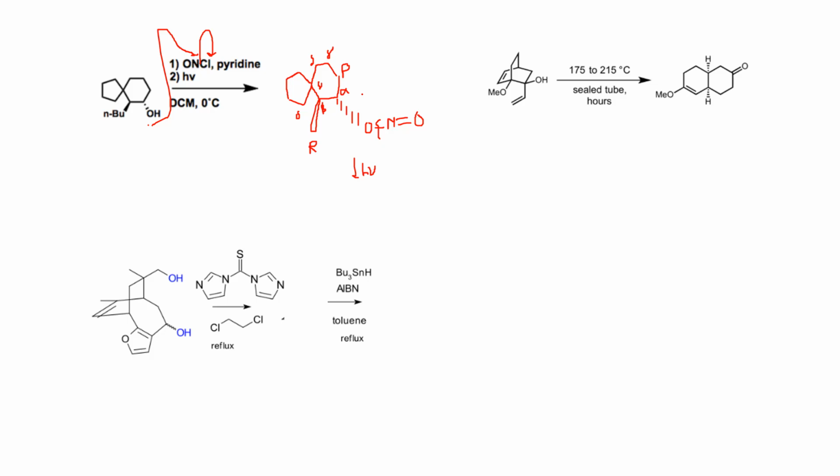To abstract a proton from this position, this O should bend in such a way and go towards this hydrogen, whereas this hydrogen is closer to that O dot. That's why this delta hydrogen will react, not this one.